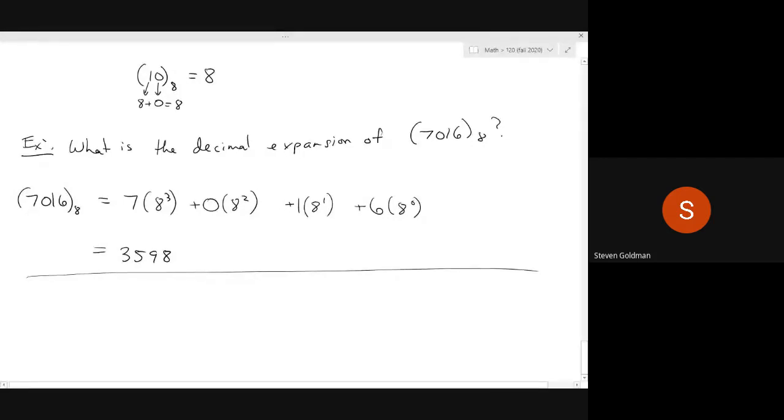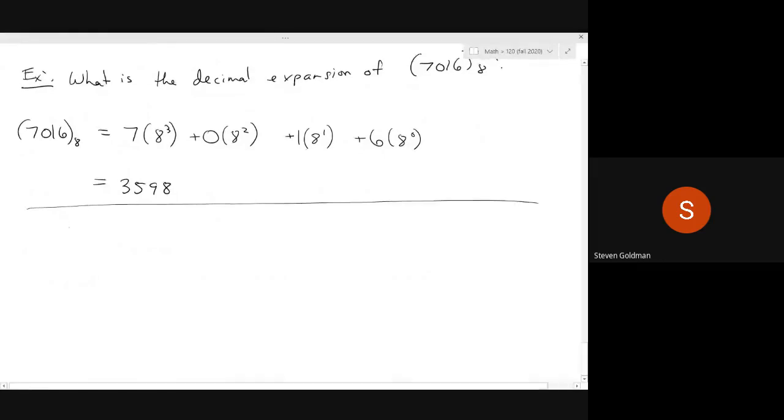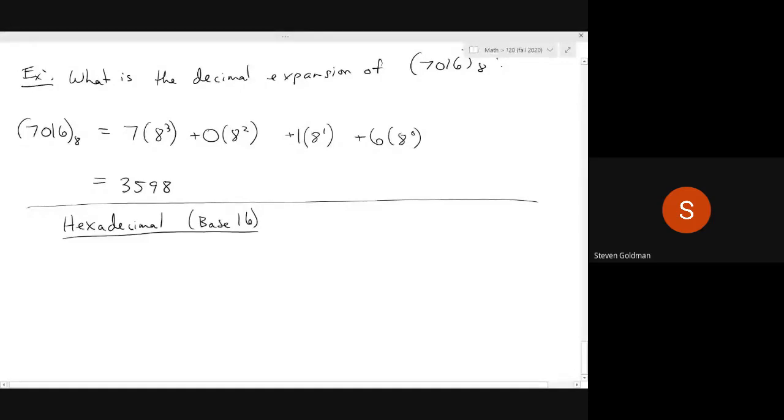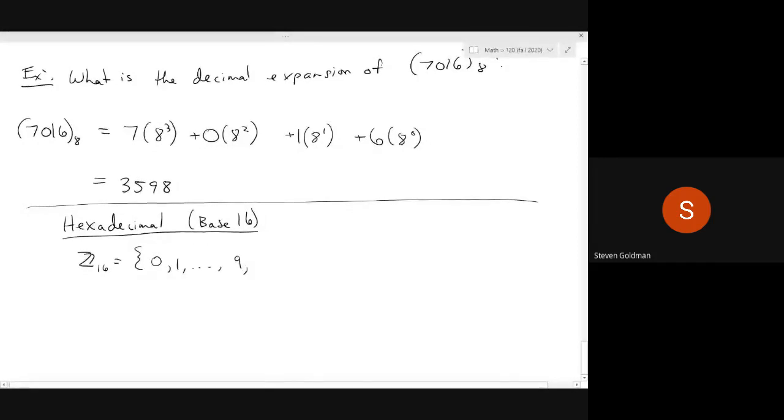All right, there is one more base I want to discuss, which is hexadecimal. That's base 16. So if you want to write numbers in hexadecimal, in base 16, you use 16 digits. The numbers 0 through 9, and then 10 through 15.